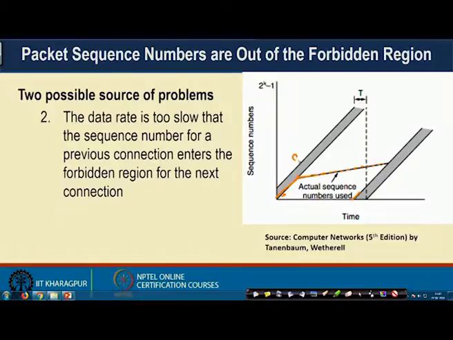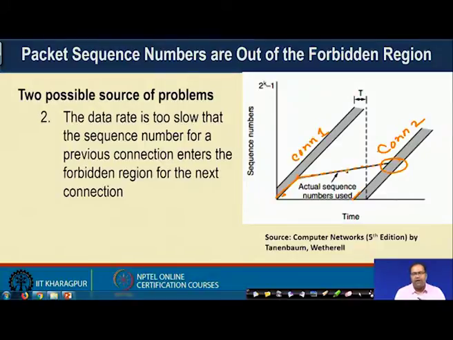If I name it connection 1, that connection 1 used, and this one connection 2, then again there is a possibility of having an overlap here. So, both a fast connection and a slow connection can create a problem. We need to ensure that the sequence numbers are always generated at a bounded rate, so that this kind of overlapping of sequence numbers between two connections does not happen.